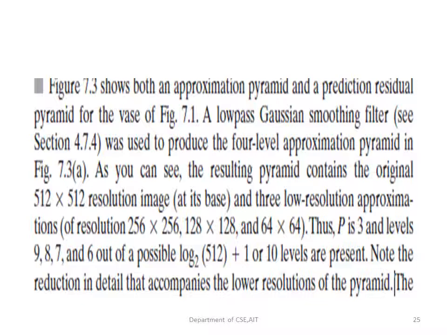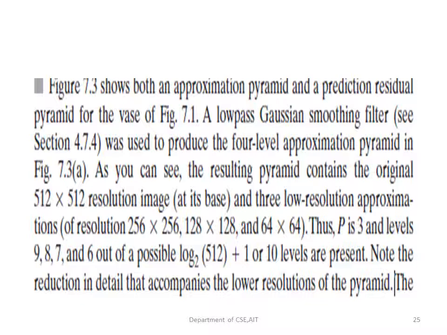Here we can see the resulting pyramid. It contains the original 512 by 512 resolution image as its base, and on top of it we have the 3 low-resolution approximations. At level 2 we have 256 by 256, then on top of that 128 by 128, then 64 by 64.